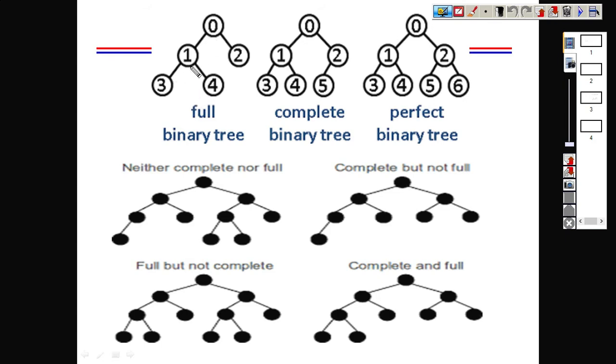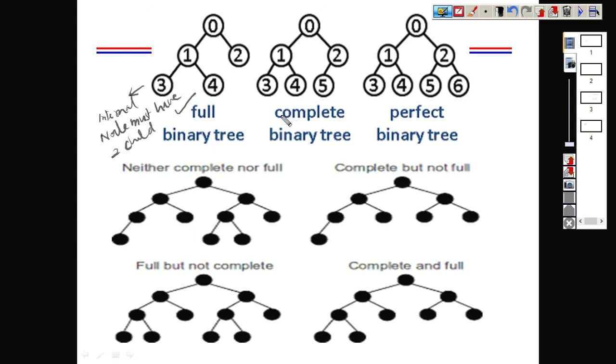So if you look at this tree, every node other than the leaf has two children, or you can say every internal node must have two children. So I can write here: internal node must have two children, then it is said to be a full binary tree.